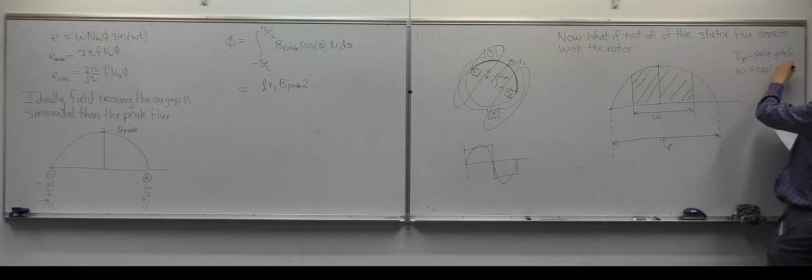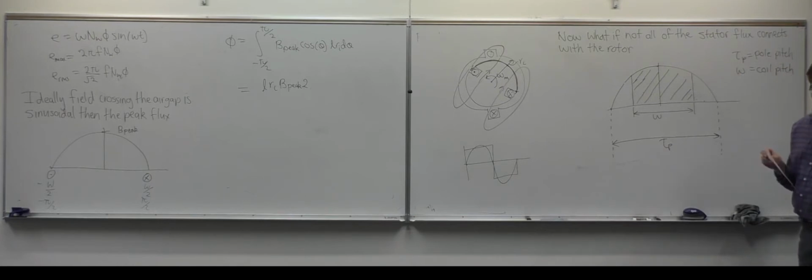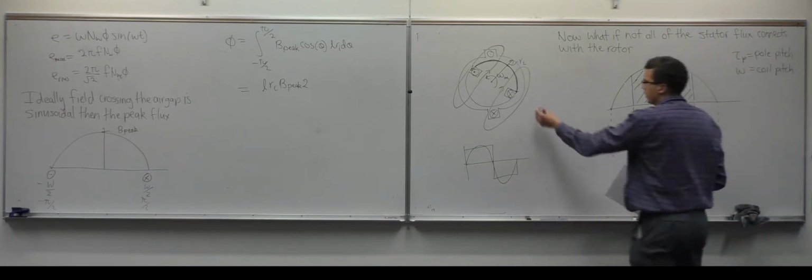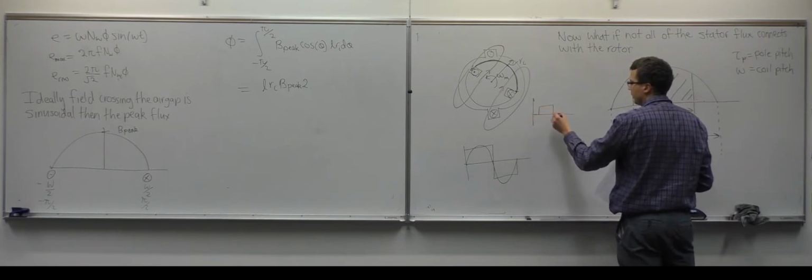Coil pitch. So this is what we had. We had a difference, remember, between the pole pitch and the coil pitch for the 12 slot design, because the winding function didn't go all the way across 180. It was some 0 points. Like, we had this.